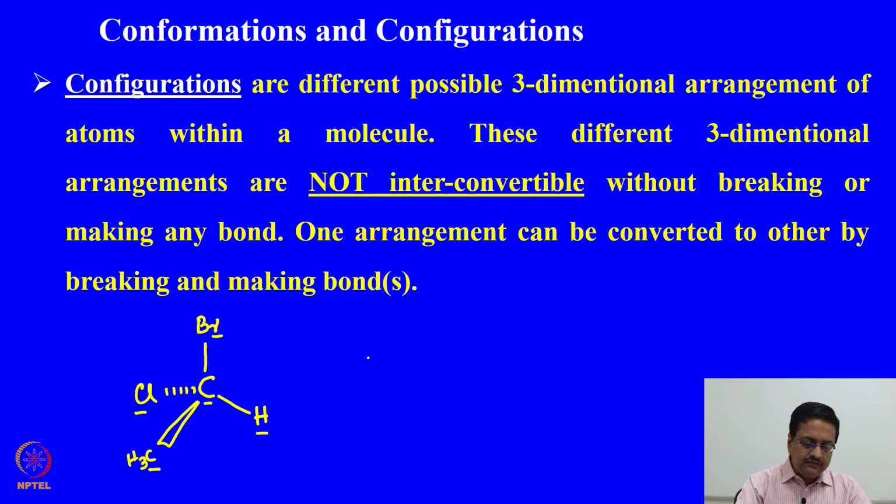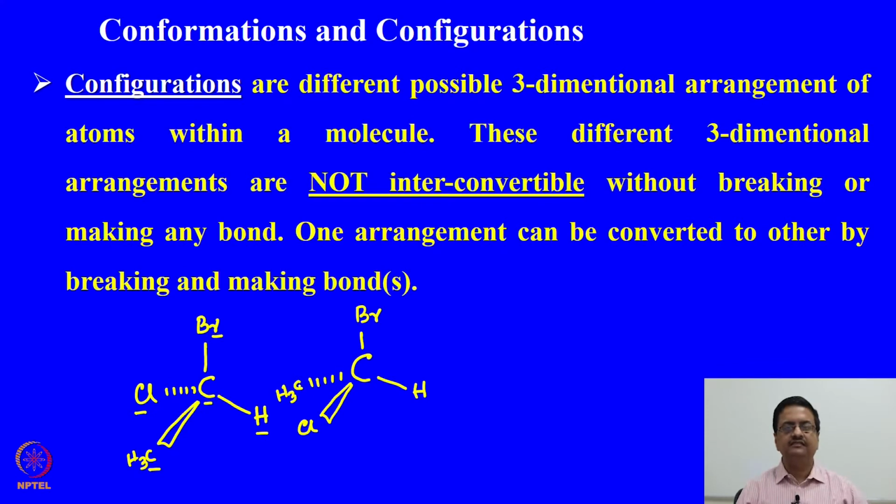A different configuration of this molecule is being drawn here, where I have the in-plane atoms as they are, but the groups which are above and below the plane are drawn in a different way.